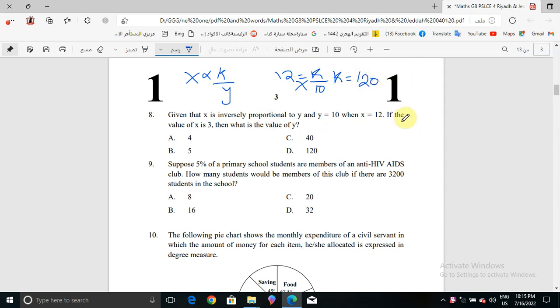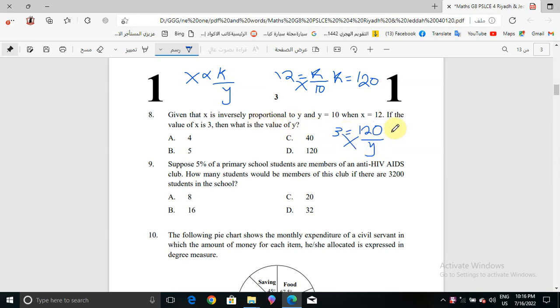Okay, and here it says if the value of x is 3, then what is the value of y? So that means we have the value of x, which is 3, because x is proportional to k over y, that means x is equal to k over y. Then 3 is equal to, in place of k we have 120, right, over y, because we need to find the value of y.